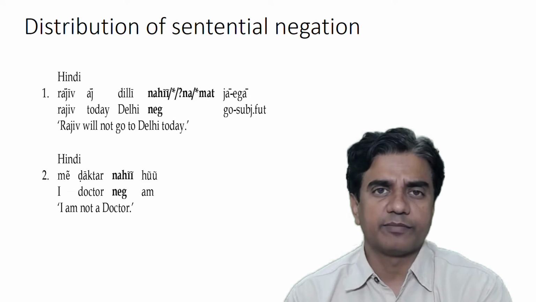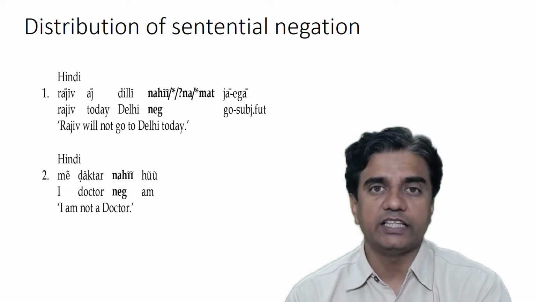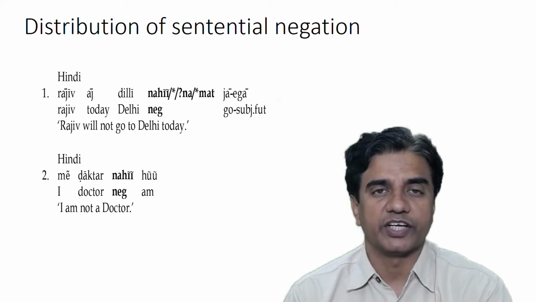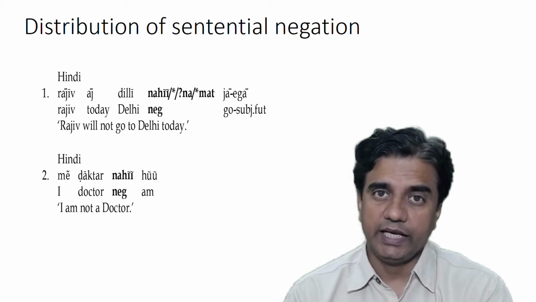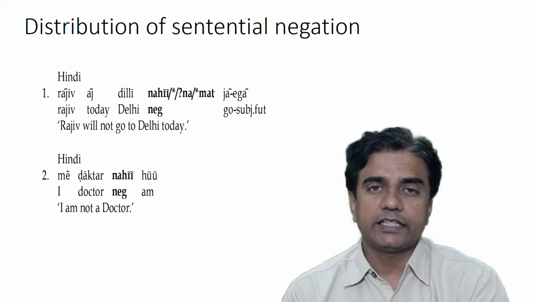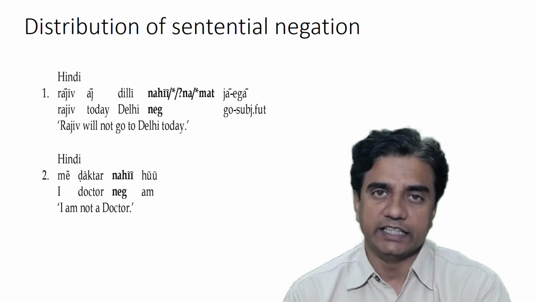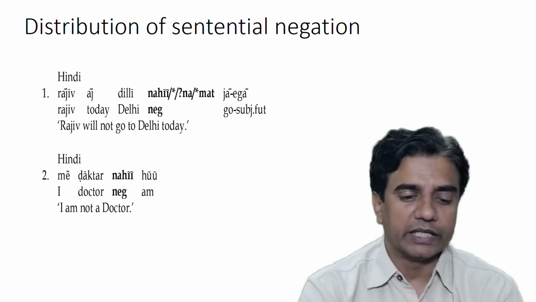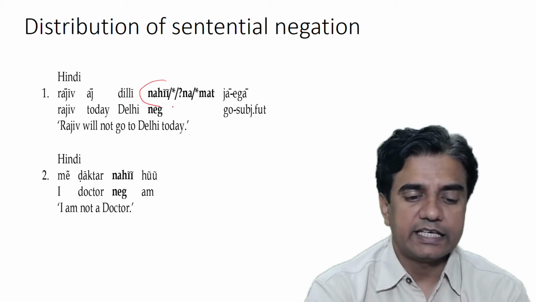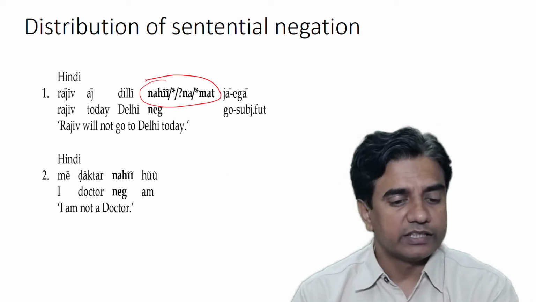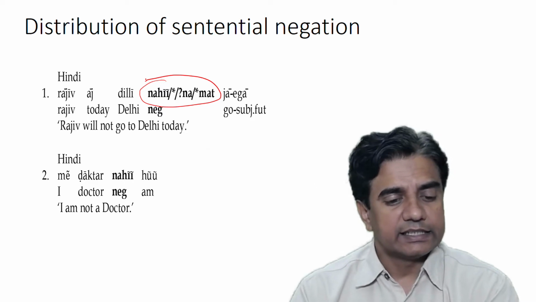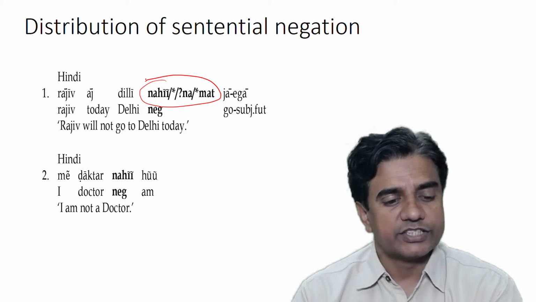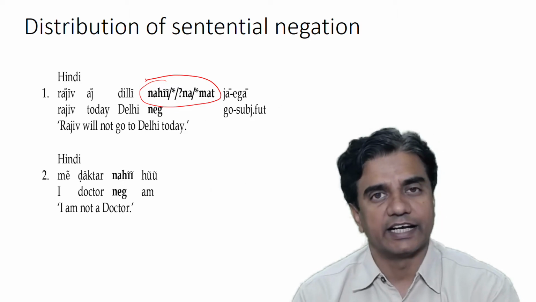We take examples from Hindi to understand the distribution of negation in particular. There are three negative markers in Hindi. They are nahi, na, and mat. As you can see, sentence number 1 is grammatical when it is read as Rajiv aaj Delhi nahi jayega.